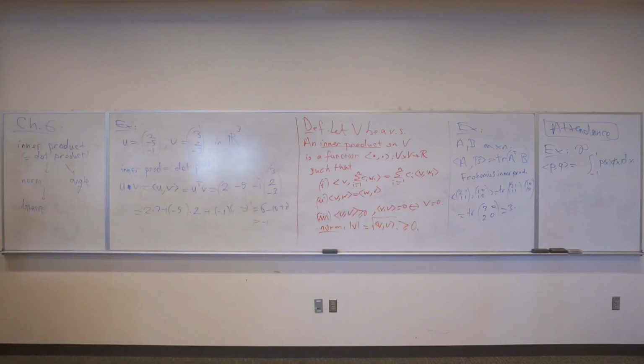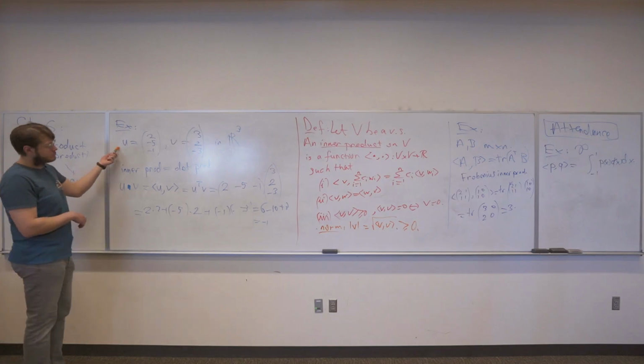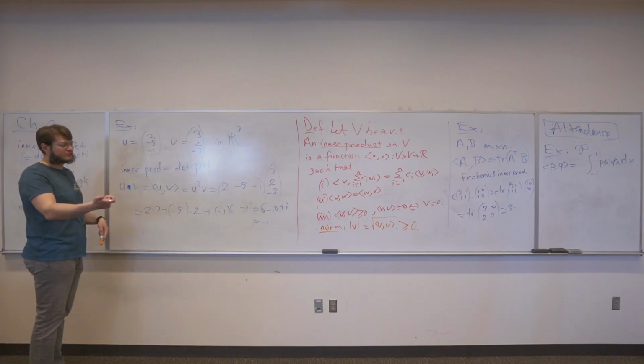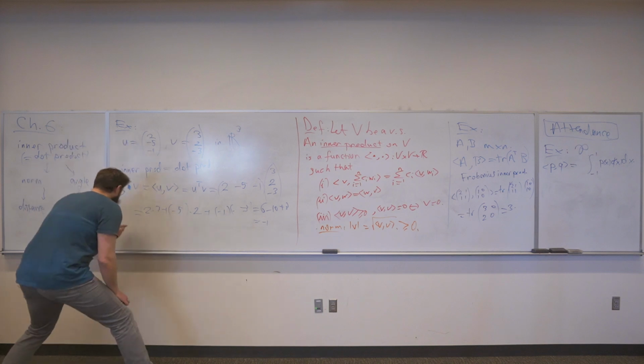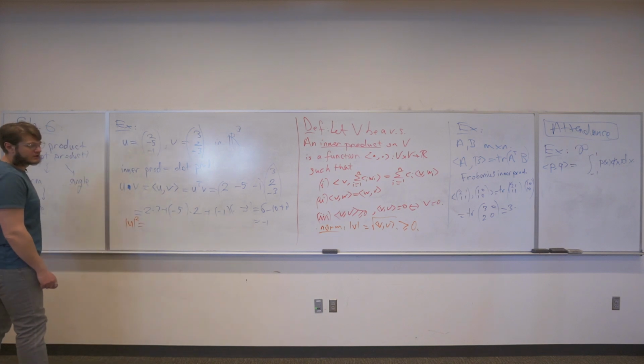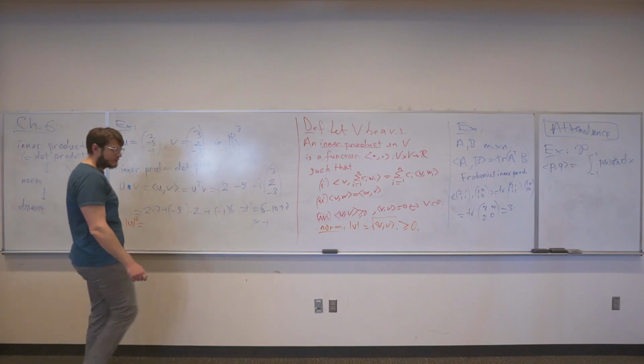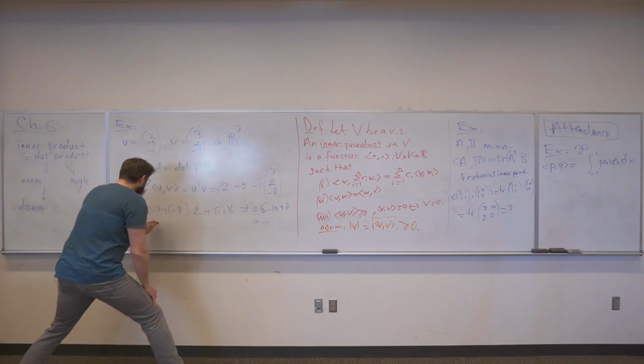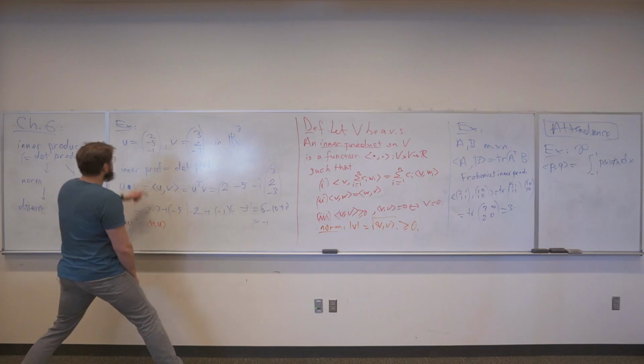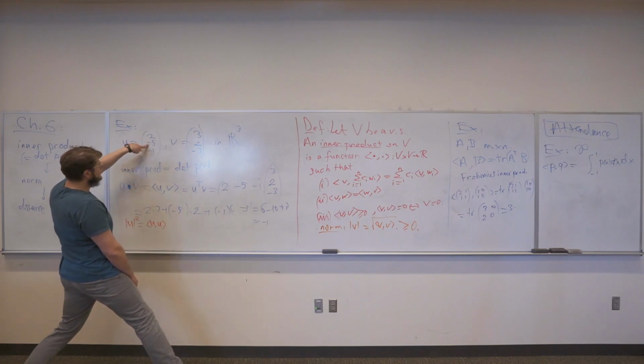So let's compute norms of these vectors. For instance, what is the norm of u? First, you need to compute u against u. I'll compute the norm squared so that I don't have that square root. So u against u, what is this? 4 plus 25 plus 1.